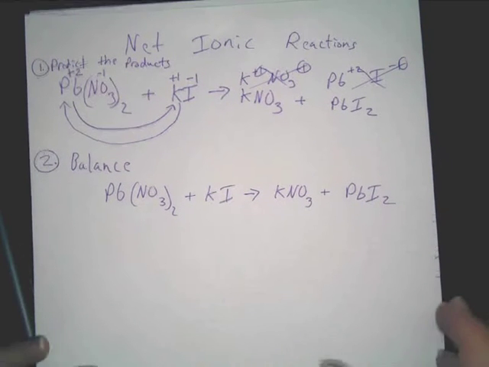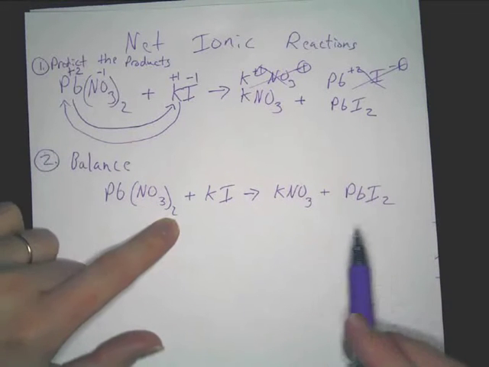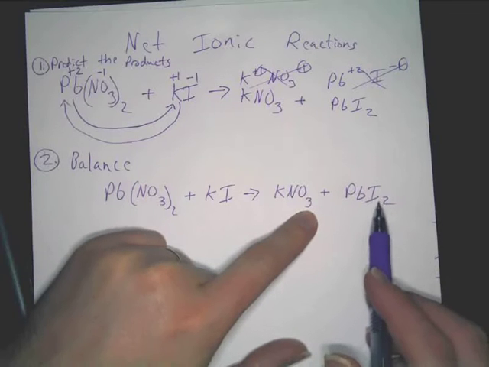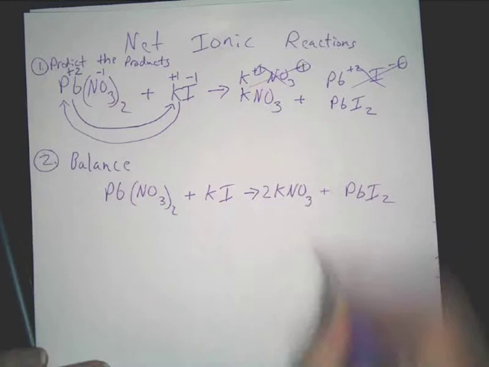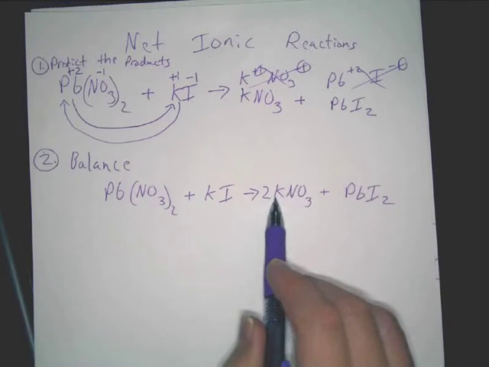So, you get this. Now, in terms of balancing, you've got NO3 with a 2 there. You've only got one NO3 here. That's not good. You should fix that. So, the way you do that, you put a 2 in front of the entire formula. You cannot put it in the middle. You must put it out in front.